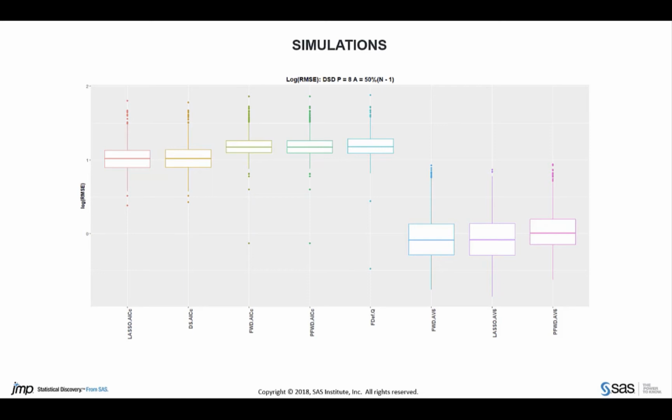So this is just one of the simulation setups. It was on the definitive screening design in 8 factors, and 50% of the factors were active. So note that this design had 21 runs and about 21 or 22 active factors. So it is a saturated model.